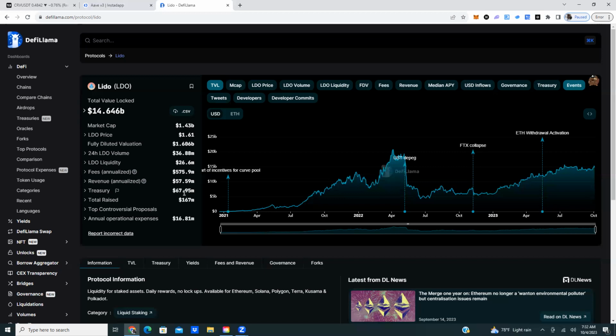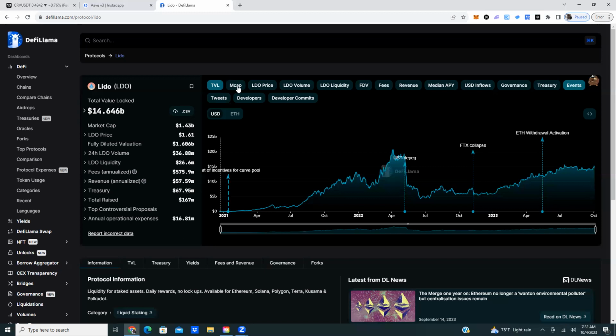They have a current treasury, which means this platform is holding value somewhere. They currently have a treasury of $67.95 million, and they have raised a total of $167 million.